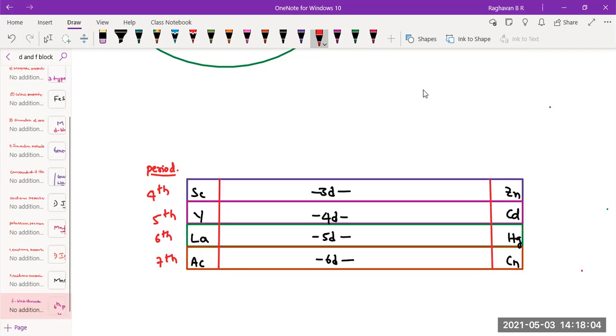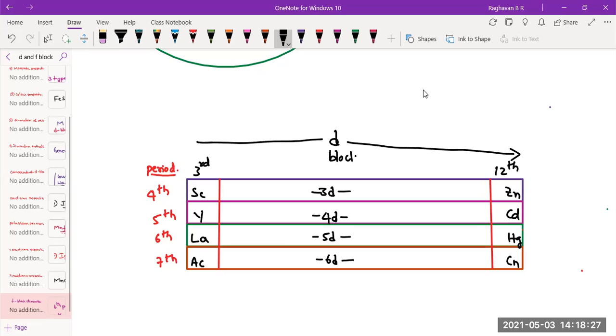Which group is this? This is actually the 12th group. This is where D block is entered from. Now, what is happening? Lanthanide contraction is happening. Lanthanides are there.